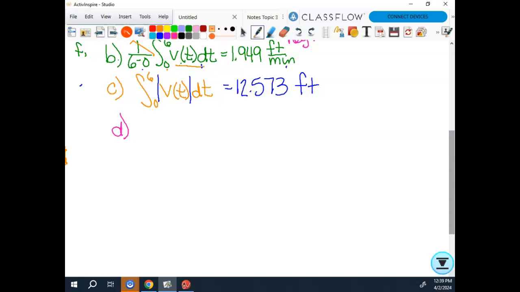Any ideas? Say that again. Find the zeros for the velocity graph. Does that sound good? Why would that help me?